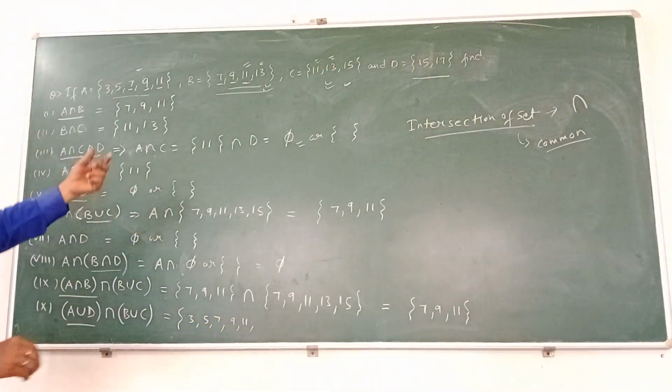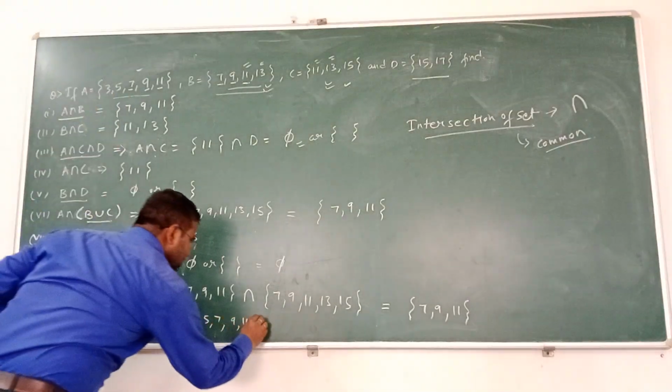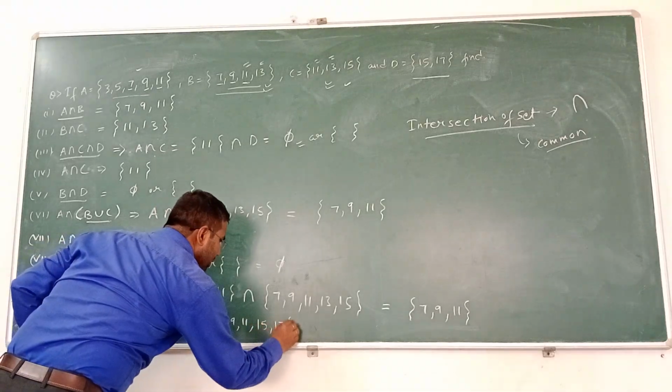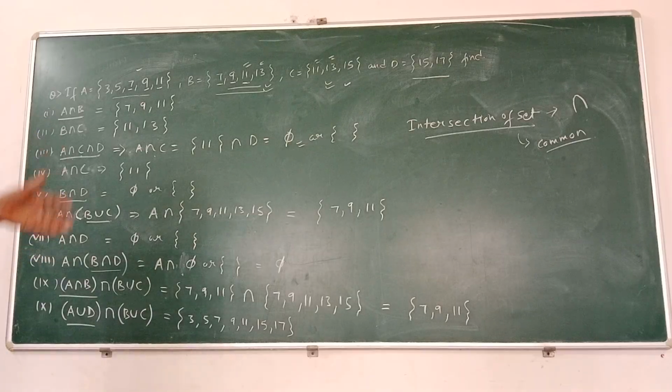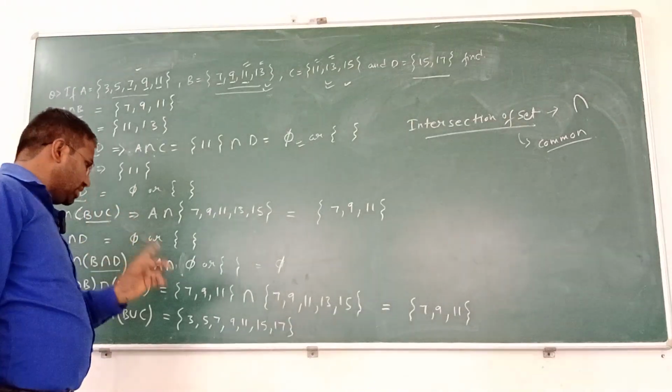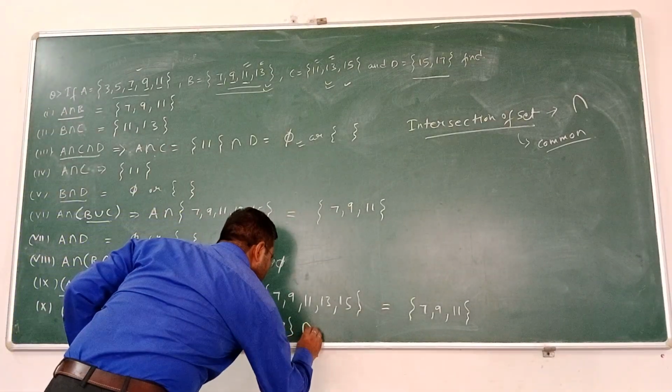Now see the D set: 1, 15, 16. So no common element is there, so no need to worry. Just write down all the elements. If a common element is there, then write down that common element only one time. Common elements should not be repeated when you are writing a union.